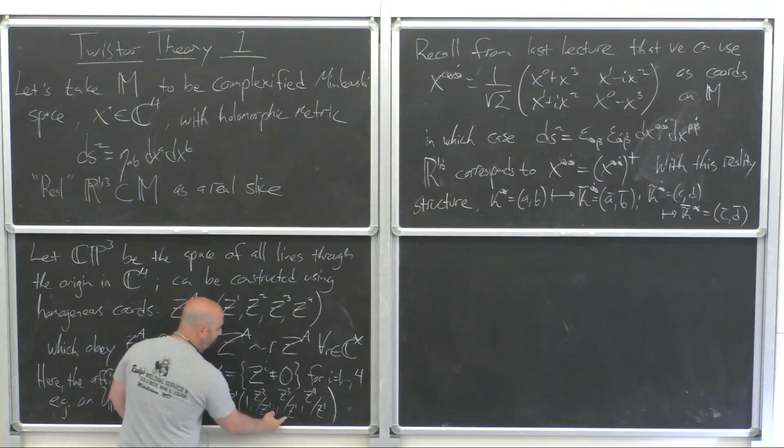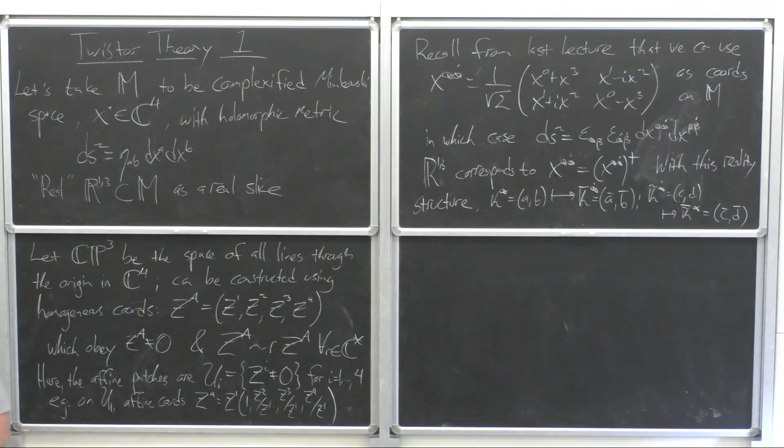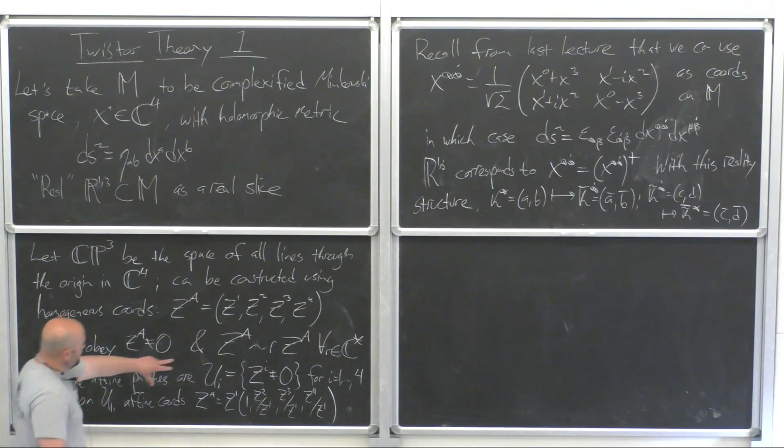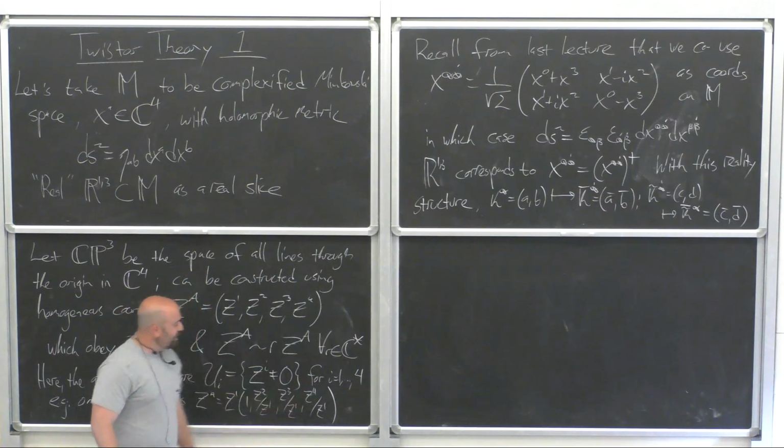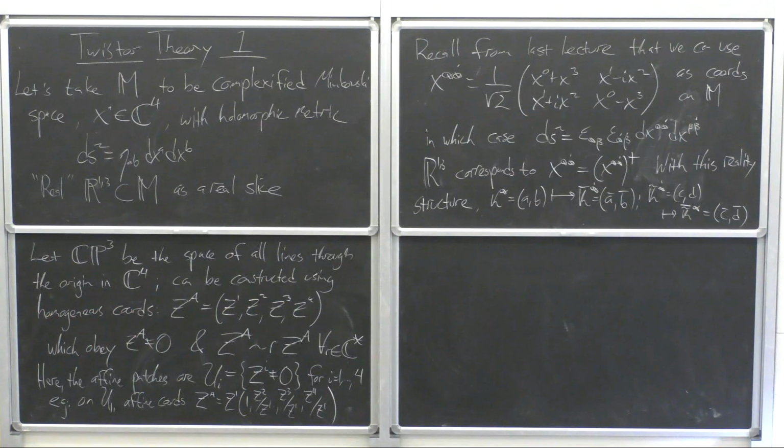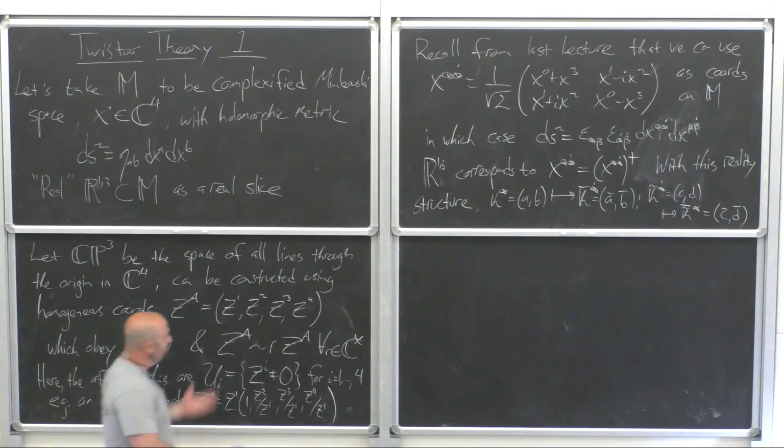And then these three complex numbers would be the three affine coordinates on that patch. That's how you see that this is a three-dimensional complex space. So on each of these affine patches, you only get three complex numbers. Okay? So this is CP3.